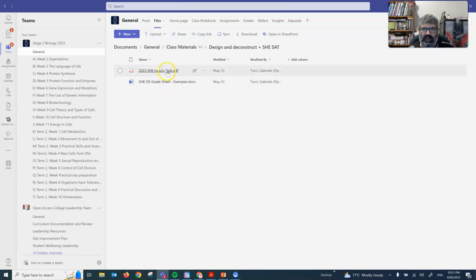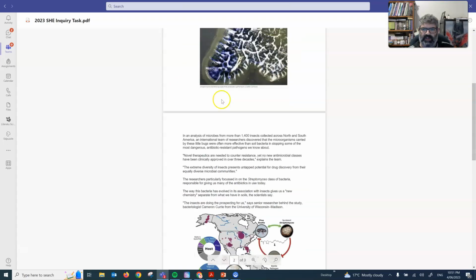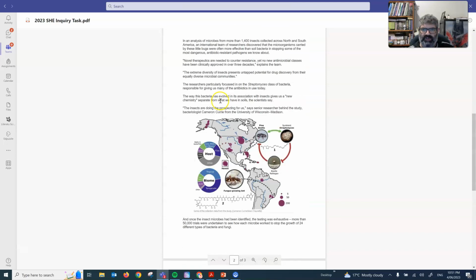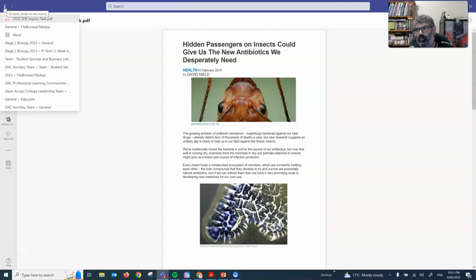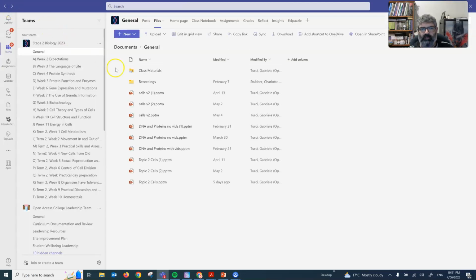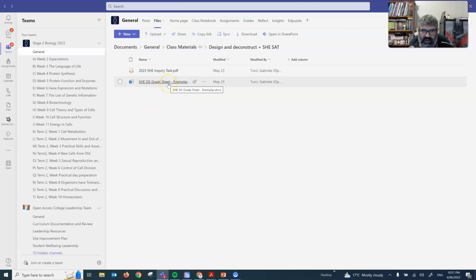You'll find in this folder the article that you'll be doing your SHE response on when you open up exam.net and put in the code. I've added the code in the email.